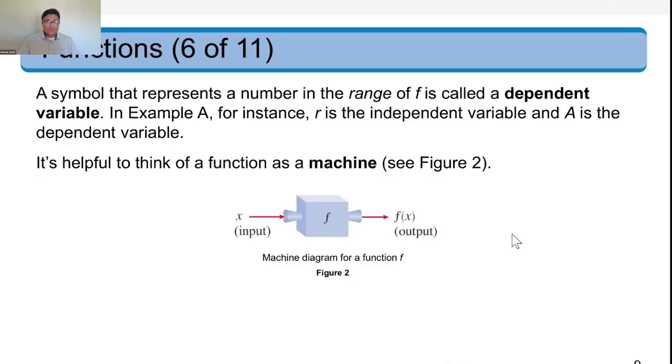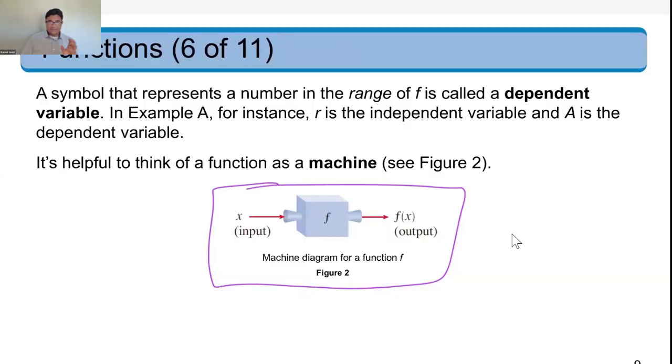Here is another way to look at a function, which is very useful, especially later when we study function compositions. When we combine two functions through composition, this point of view will be helpful, which is that of a machine, okay. You treat a function like a machine. So there is an input, and the function processes the input.